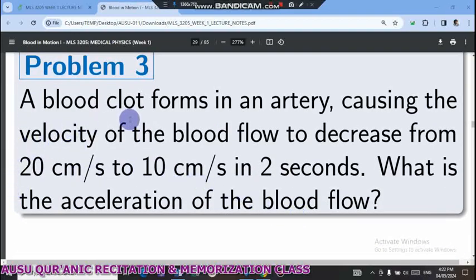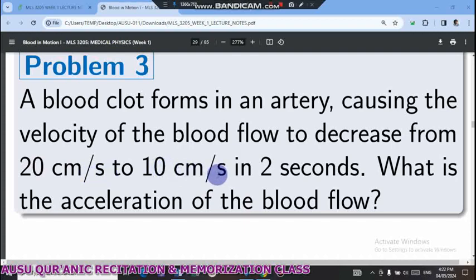Problem 3 says a blood clot forms in an artery, causing the velocity of the blood flow to decrease from 20 centimeters per second to 10 centimeters per second in 2 seconds. What is the acceleration of the blood flow? Remember, acceleration is change in velocity divided by time taken to produce the change. The velocity changes from 20 centimeters per second to 10 centimeters per second.